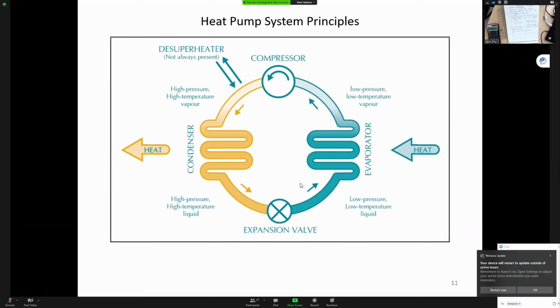Steam, vapor, gas, we consider them the same thing; it's all gas.